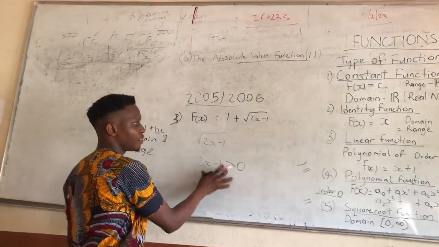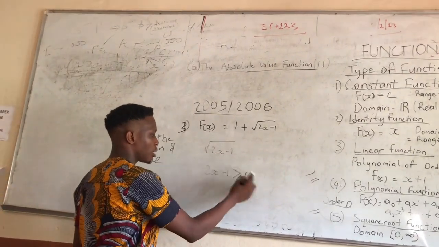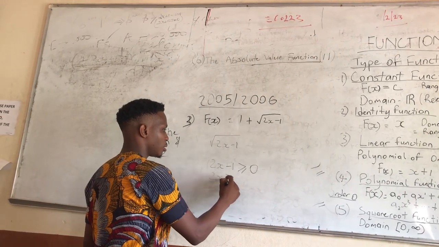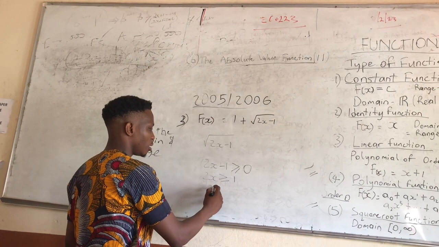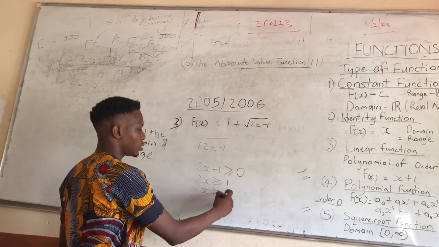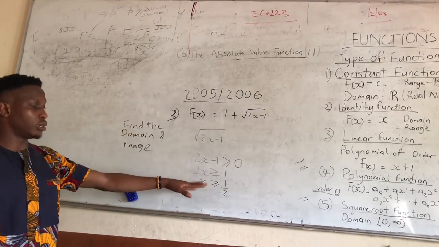So when we have this like this now, it's easier to solve. 1 crosses over 2x greater than or equal to 1, x, dividing both sides by 2, x is equal to 1 all over 2. X is greater than or equal to 1 over 2.